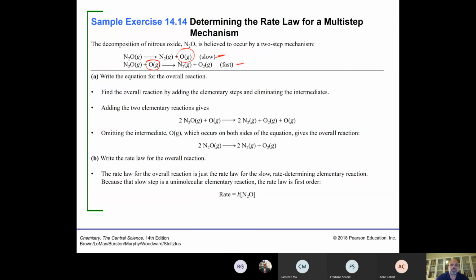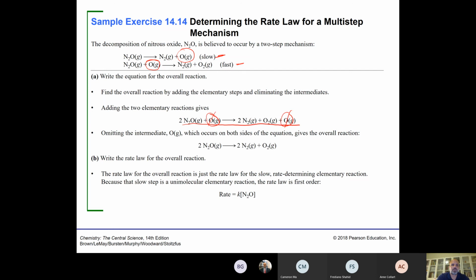When you add the two reactions together, the intermediate oxygen is on both sides, so we're going to cancel those out.